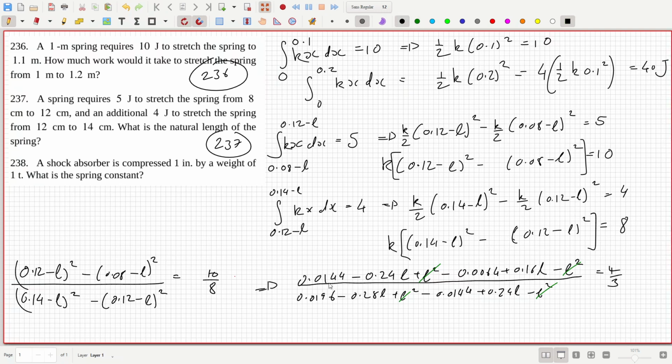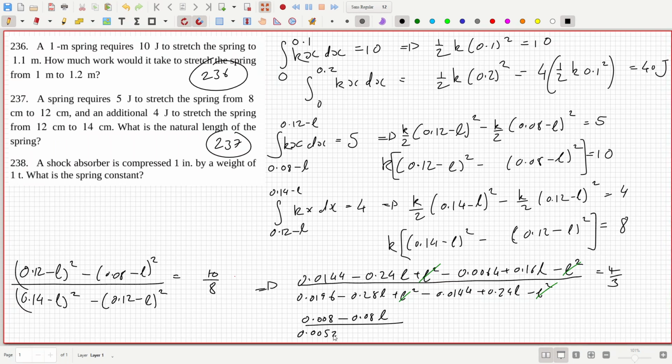So what have I got on the top? 0.0144 minus 0.0064. So I have 0.008 minus, well, hang on, that number. That's minus 0.08 L over 0.0196 minus 0.0144. That's 0.0052.